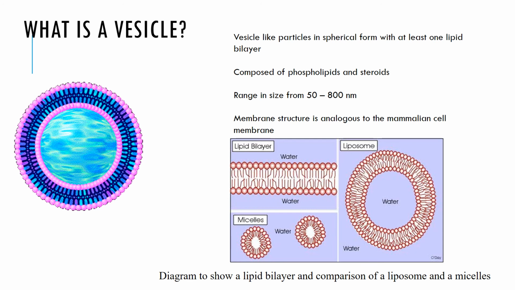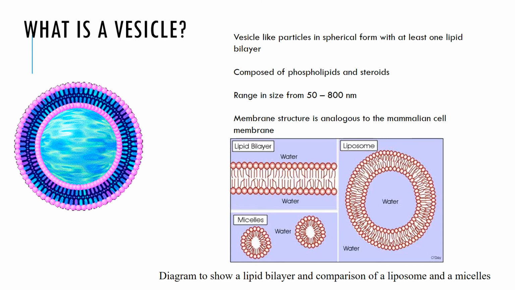So you can see a phospholipid bilayer there. They are usually composed of phospholipids and steroids, and they range in size from 50 to 800 nanometers. And again, the membrane structure is analogous to that of the mammalian cell, even closer than a Langmuir monolayer, because vesicles are curved.